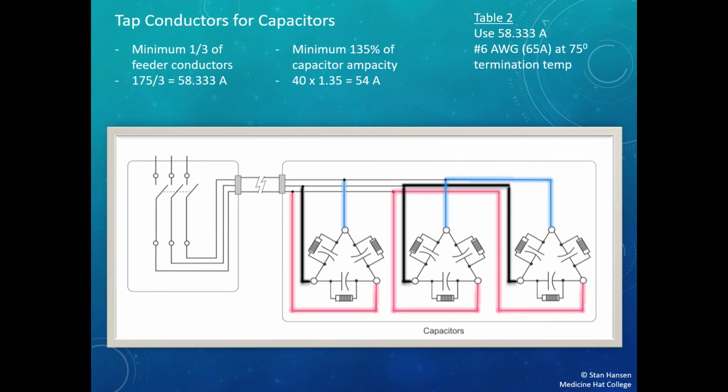I have to compare the 1/3 of my feeder conductors to the 135% of the capacitor ampacity, and I choose the larger one of the two. In this case, it's going to be the 58.3 amps I have as 1/3 of my feeder conductor. And I go to Table 2 and I find that I need to use a number 6 gauge wire. Make sure you're reading through that Rule 26-208 and you understand how to separate Subrule 1 and Subrule 2 and figure out what we are required to have for tap conductors.